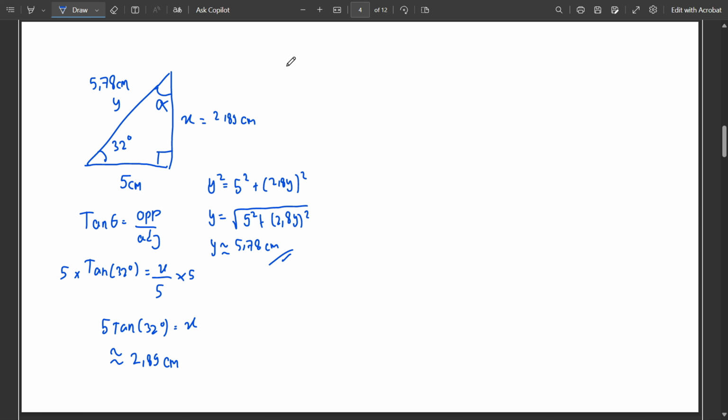So 180 is equal to alpha plus 32 plus our 90 degrees, and our alpha must be 180 minus 122, which is 58 degrees. That is our alpha.